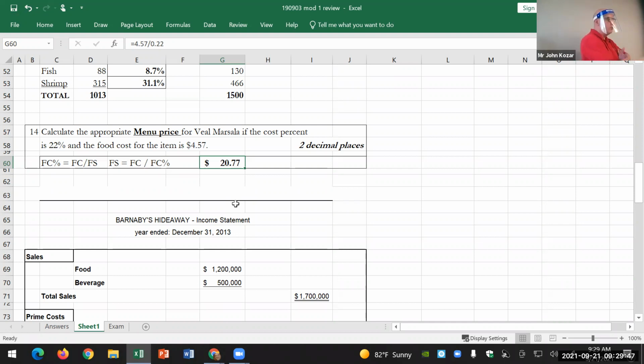Okay, $20.77. You can go up to like $20.99, whatever makes sense on the menu. Any questions on that?